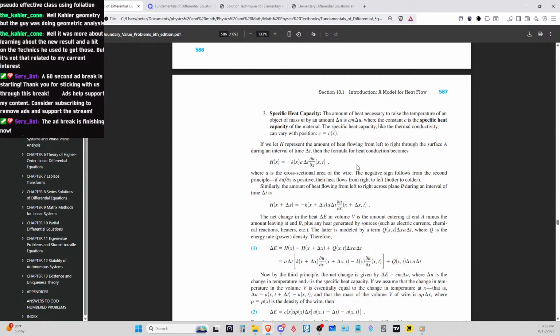Similarly, the amount of heat flowing from left to right across B during the interval time delta T is... Okay, that looks self-explanatory.